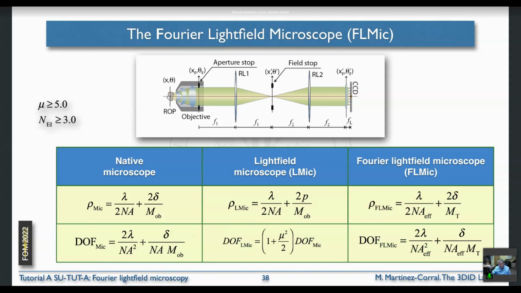This overall magnification is much smaller, so in Fourier Lightfield the pixelation is much more important than in conventional microscopy. At the moment this is the main bottleneck, so we should try to go to smaller pixels.